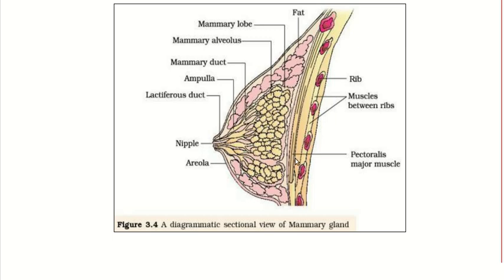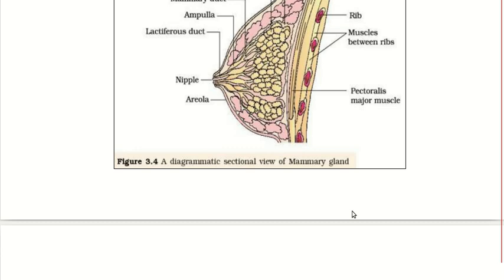And the muscles that are there, the pectoralis major muscles between the ribs. All this labeling could fetch you 5 marks also, or last year they had asked it for 3 marks with description. So just practice this diagram once or twice. It has been asked in the board examinations too.